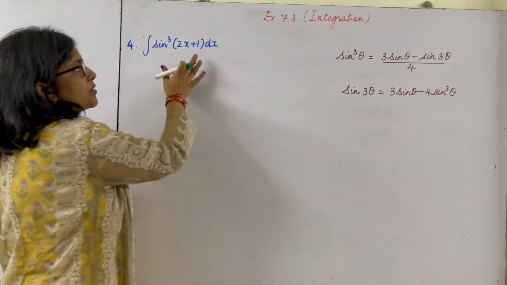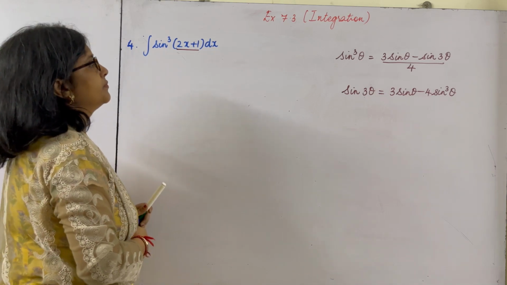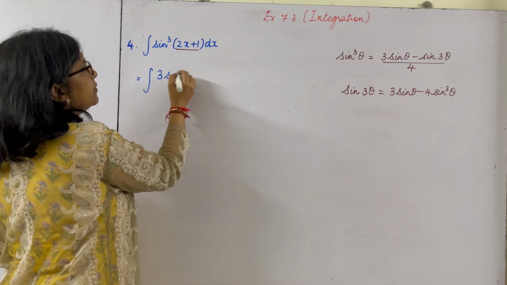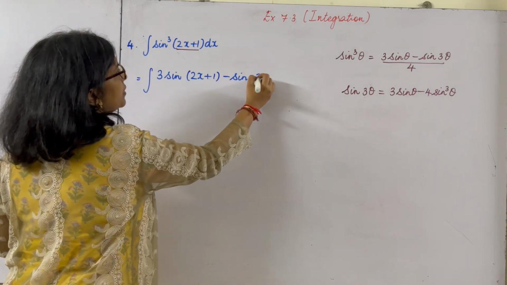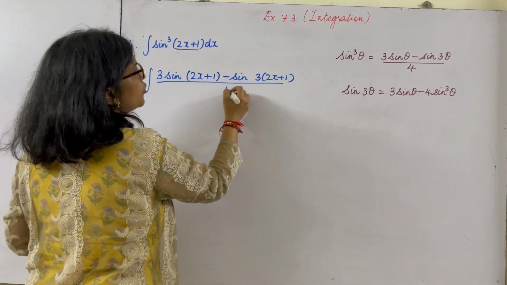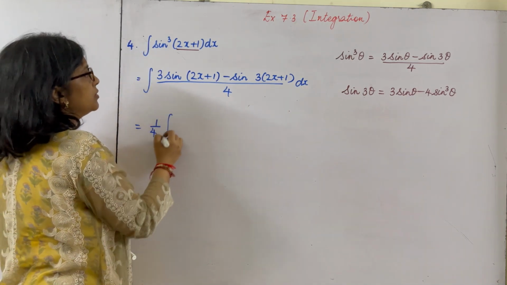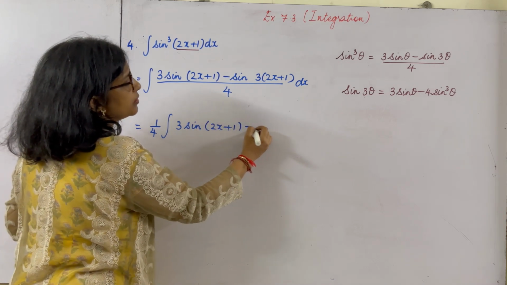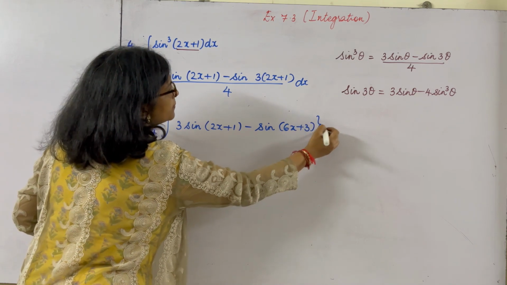So let's apply the same formula here. Our theta is 2x plus 1. So the formula is 3 sine theta minus sine 3 into the angle, the whole upon 4. So first of all, let's take this 1 by 4 outside the integration, and now we can integrate this.